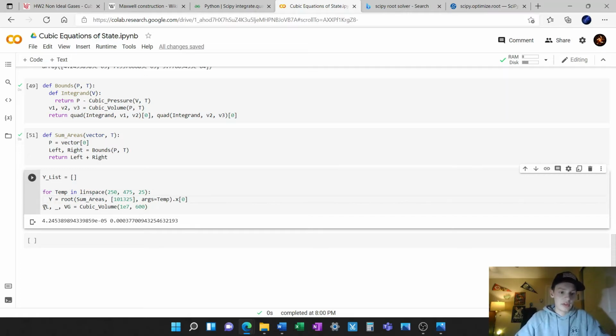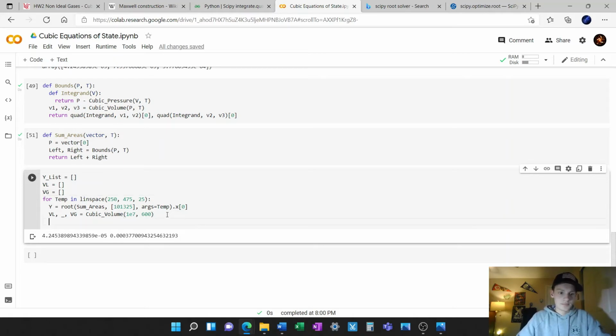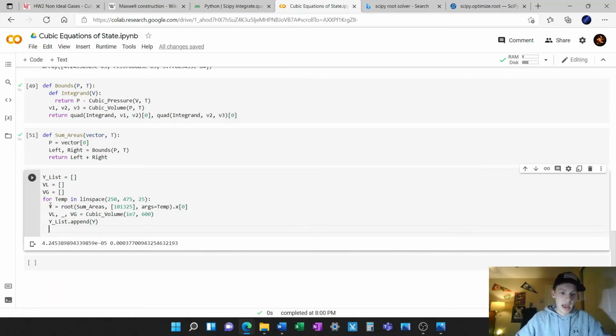We definitely want these under our for loop. And the lists, these are empty lists, so we can start them outside, but we want one for our specific volume of liquid and our specific volume for gas. Okay? And what we can do is, let's put this down here, dot append. Each time we iterate through, we're just going to add another Y, another pressure to plot.